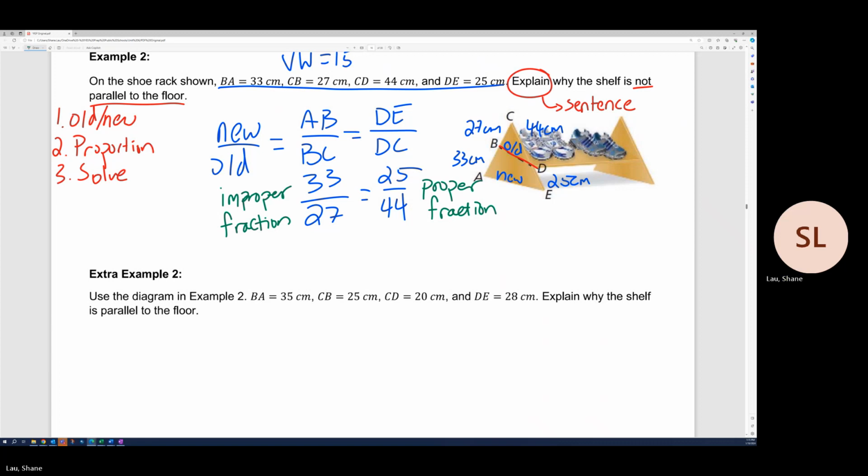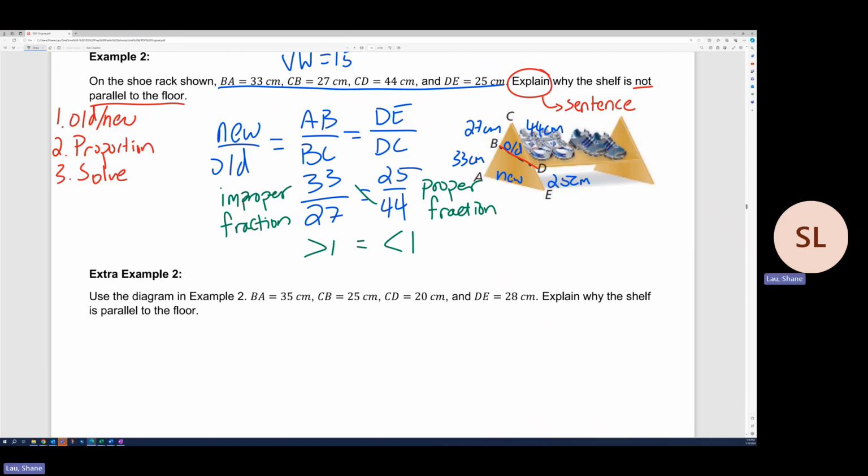Okay. And so if you remember from probably, I don't know, elementary school, improper fractions, those are greater than 1. But proper fractions are less than 1. We can't have a proportion that is both greater than and less than 1. That doesn't make sense. So because that doesn't make sense, this is not proportional.